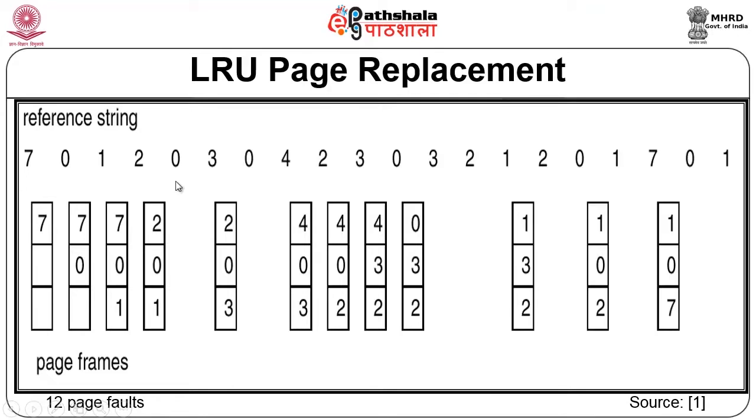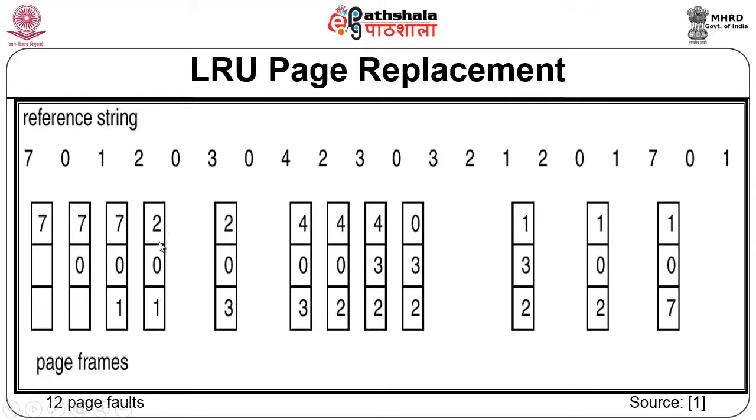And the next reference is to page number 0. Page 0 is already present, so it is used, and the time of use at this particular point is noted for page 0, though 0 was brought in earlier. And then the reference is to page number 3.